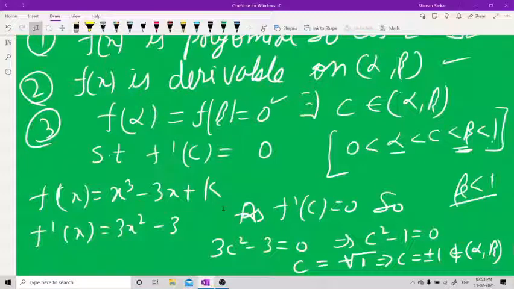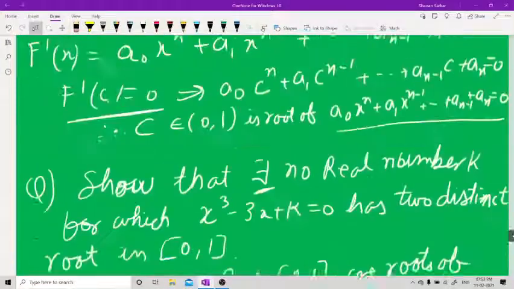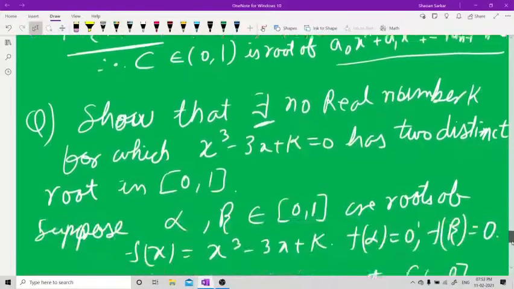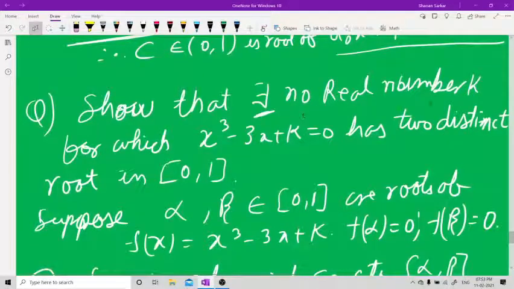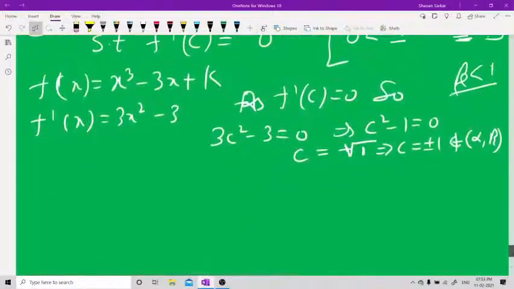What assumption did we take? We took that for some k there is a real root. What was the question? It says there exists no real number k for which the equation has two distinct real roots. So I am not getting two distinct real roots.